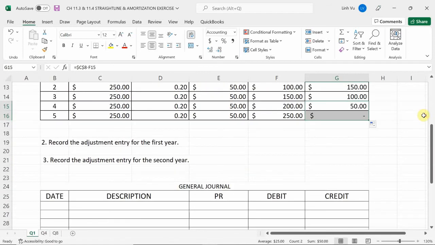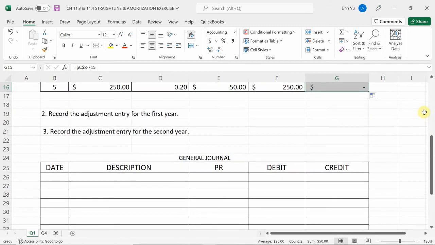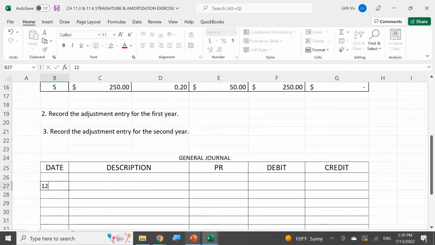So, question number 2 says, record this adjustment entry for the first and second year. So how am I going to journalize my depreciation for the first year? It'd be $50 on debit, but you'd first write depreciation expense.